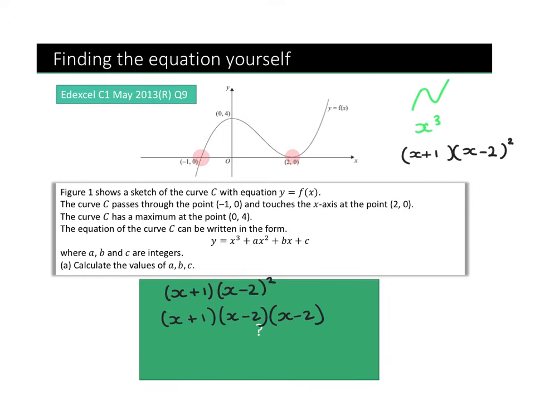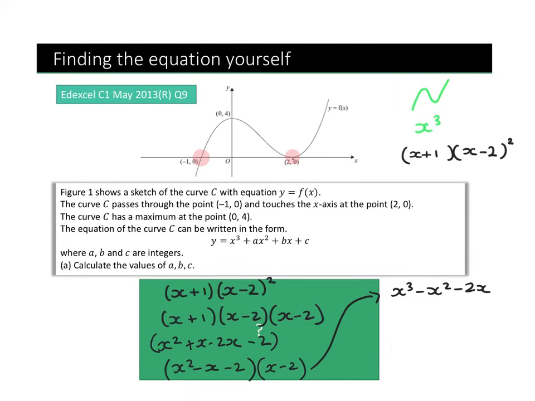So I'm going to get x times x is x squared plus x minus 2x minus 2, which is x squared minus x minus 2, all multiplied by x minus 2. So then I'm going to multiply everything by x to get x cubed minus x squared minus 2x.